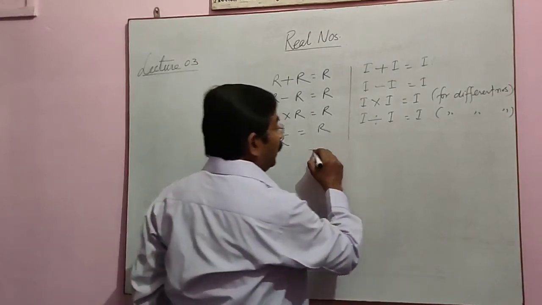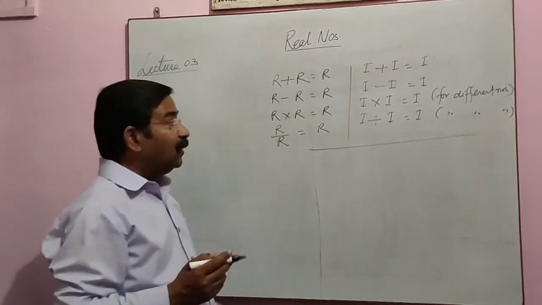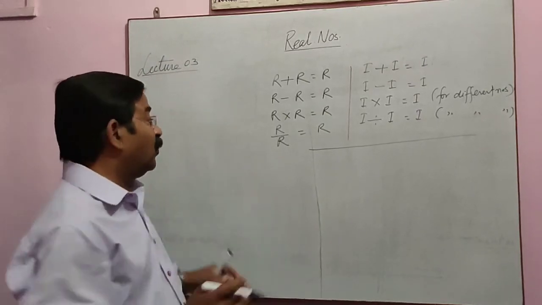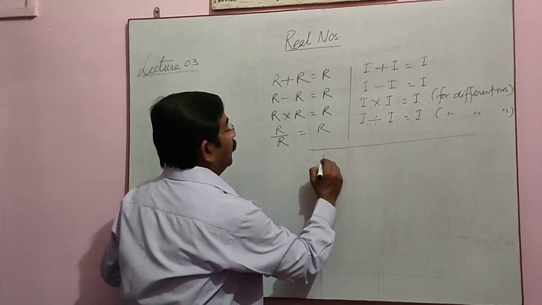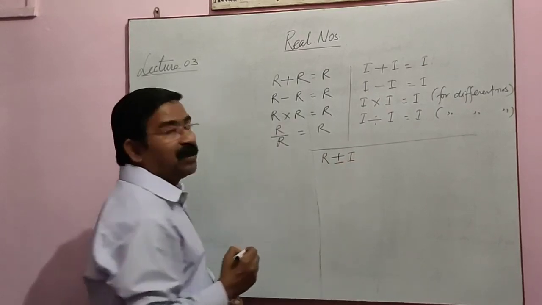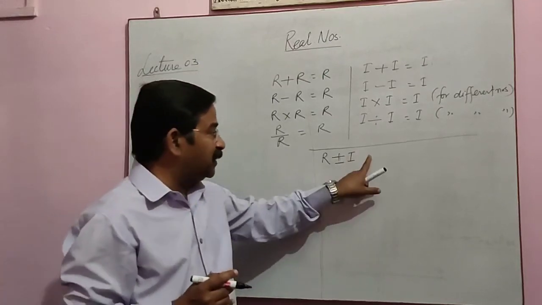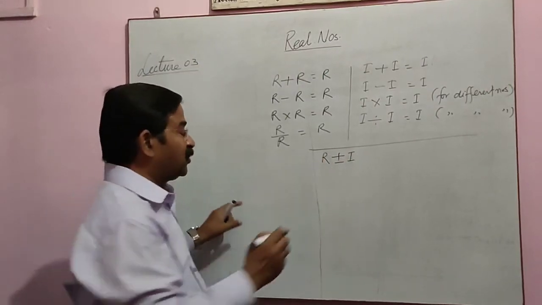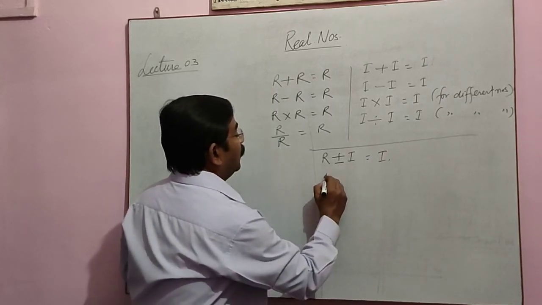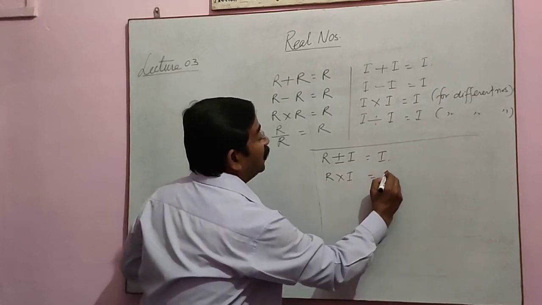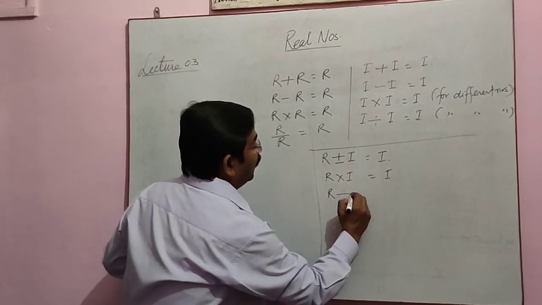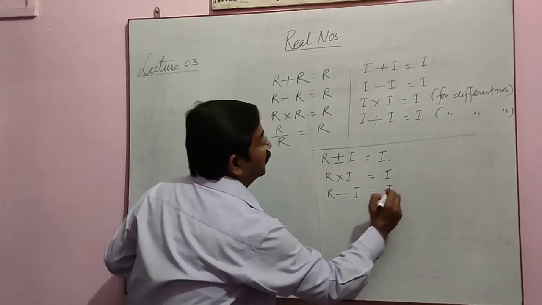Now finally we come to one more thing. When we are given a rational and an irrational, then what do we have? Rational plus or minus irrational. I am writing both plus and minus, means rational plus irrational or rational minus irrational is irrational, or rational into irrational is irrational, and rational divided by irrational is irrational.